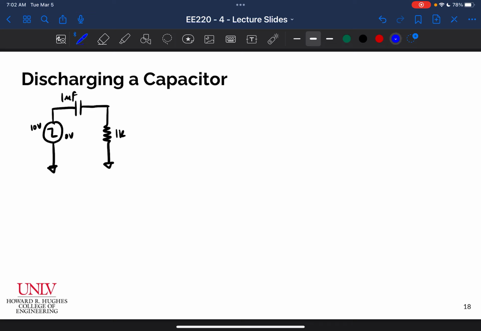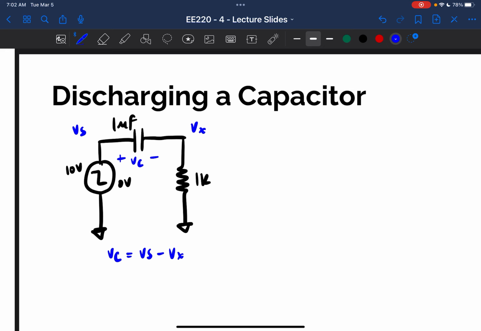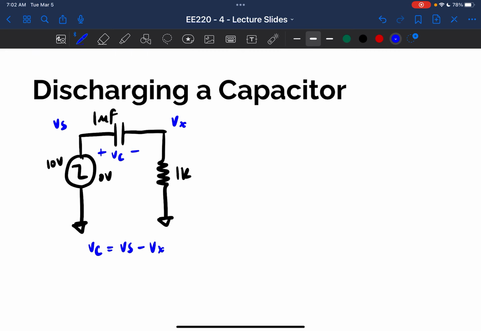And lastly, I'm going to label some nodes here. I'm going to call this one VS. I'll call this one VX. And of course, we know that the voltage across the capacitor is VS minus VX. Or in other words, VX is VS minus VC.